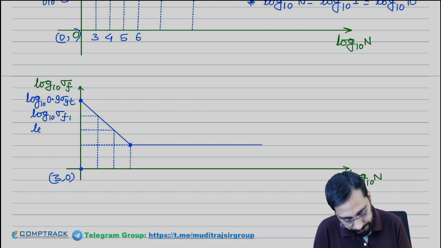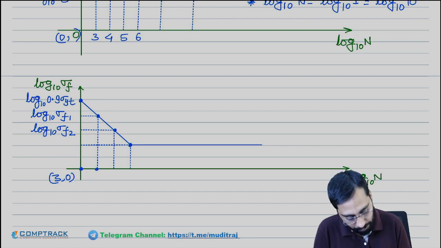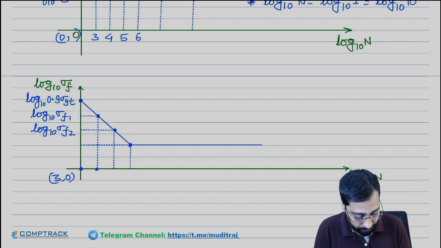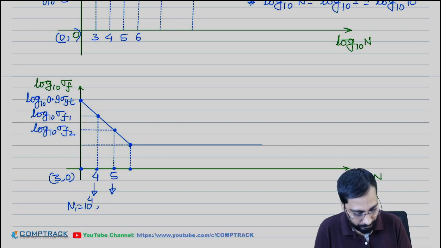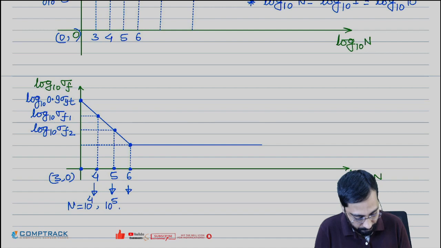Some fluctuating stress you must have applied. This is F2. At F1, the number of cycles is N1, and N1 cycles are 10 to the power 4, N2 cycles are 10 to the power 5. So at this, N1 is 10 to the power 4. At this, N is 10 to the power 5. At this, N is 10 to the power 6.